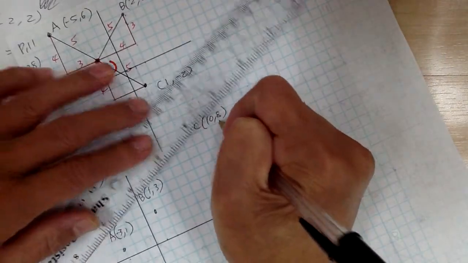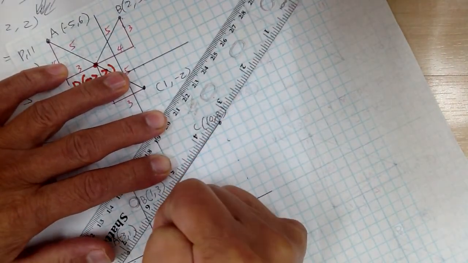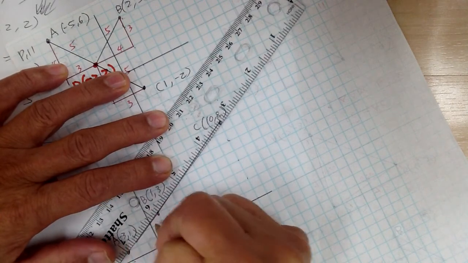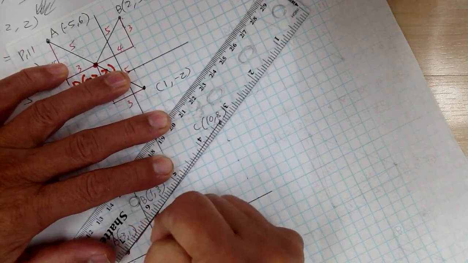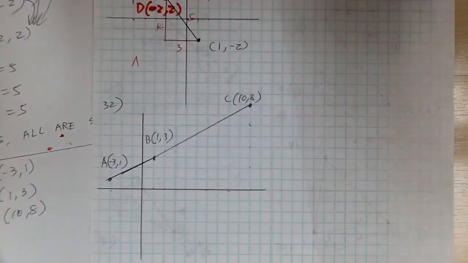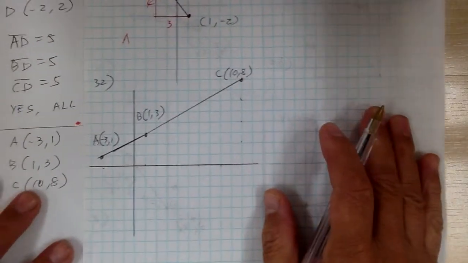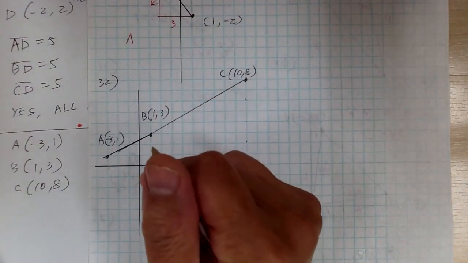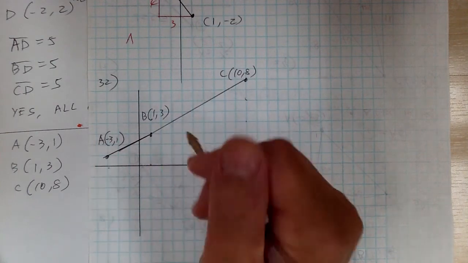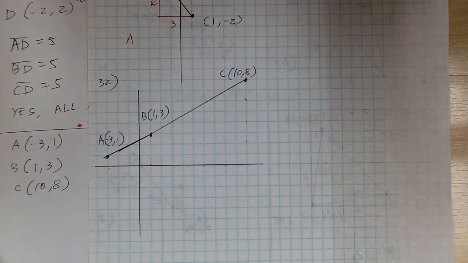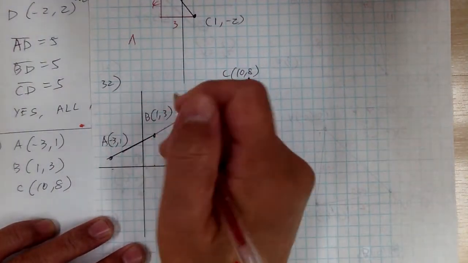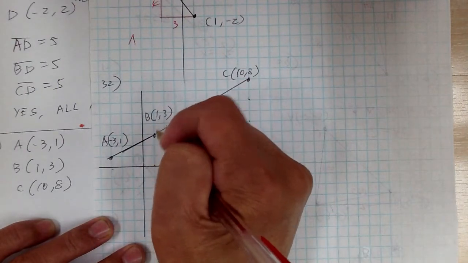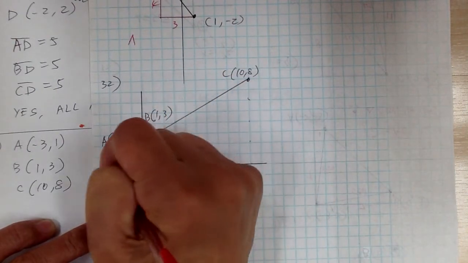Okay, so now, by drawing this, you can see that the answer is no, but you have to prove it. You have to show why it's not. And the way they want you to do it is by the distance formula, right? So we're going to do AB.